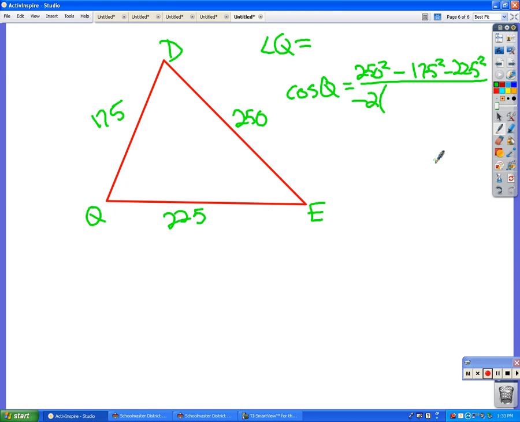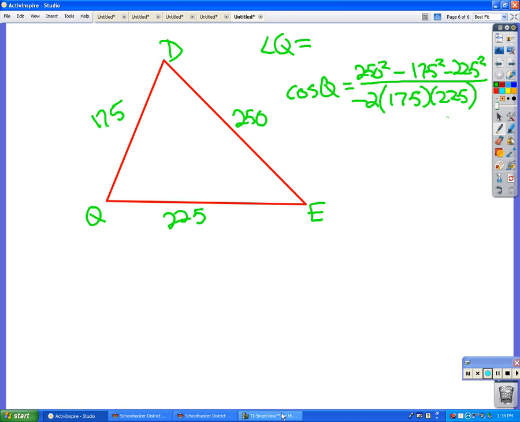Divided by -2 times 175 times 225. So it's the side opposite the angle that you're looking for, squared, minus the other two sides squared, divided by -2 times those two things. And I don't expect you to memorize this, so write it down in your notes. It's a little bit confusing.